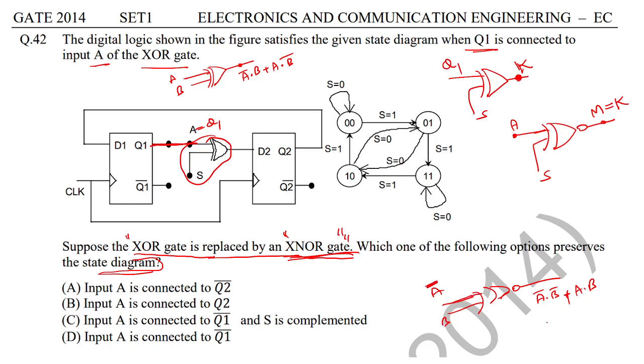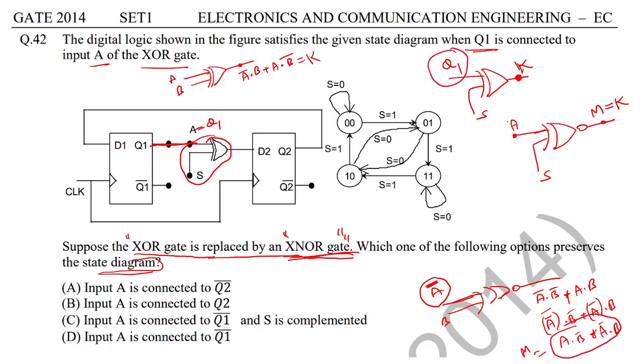What will happen? Instead of A, you are applying A complement, right? Just invert A and give it. That's it. You will get the same thing, right? This is, let's say, M. Let's say this is K. Now what is it that you are supposed to give?